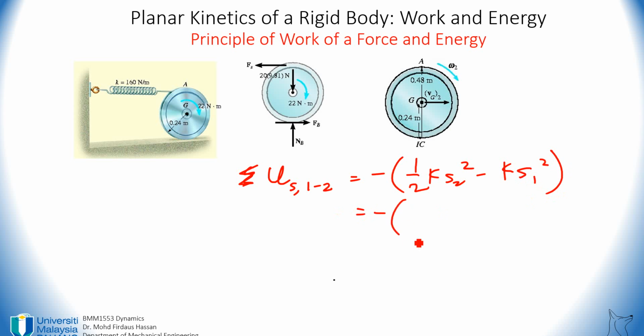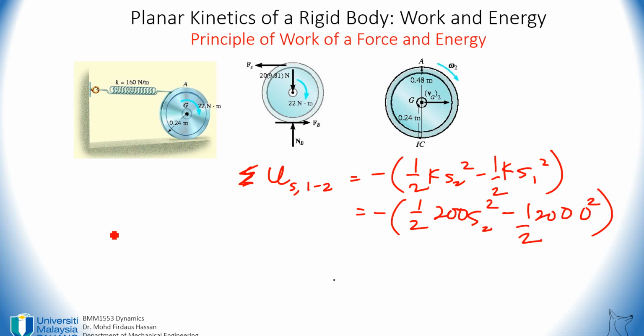So minus half 200 S2. Do we know S2? We don't know. But what is S1? Sorry, S1 is 0, since when it is at rest, it is in the unstretched position. It is initially unstretched. So here is 0. But what is S2?